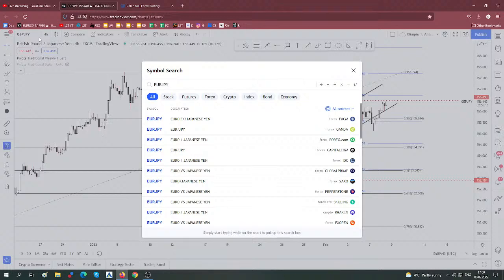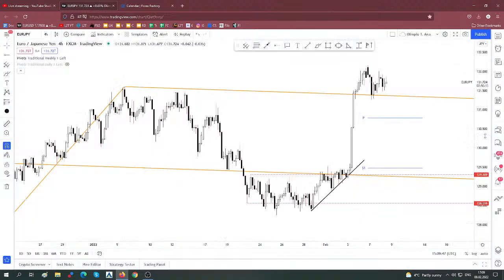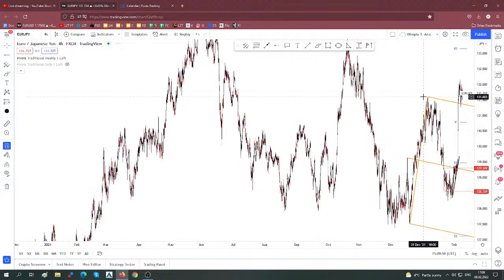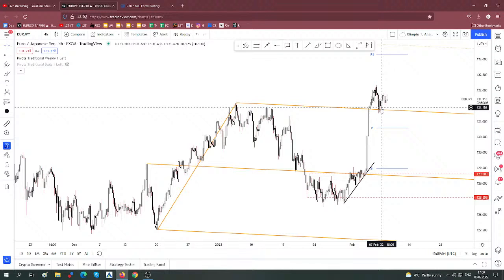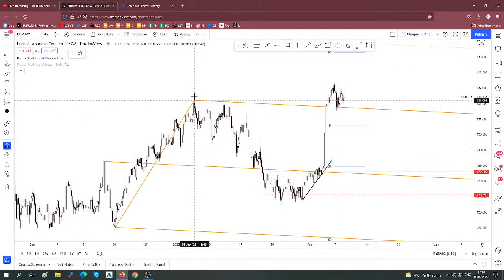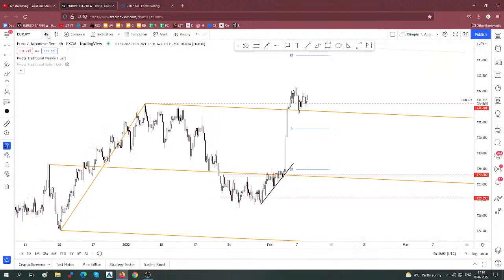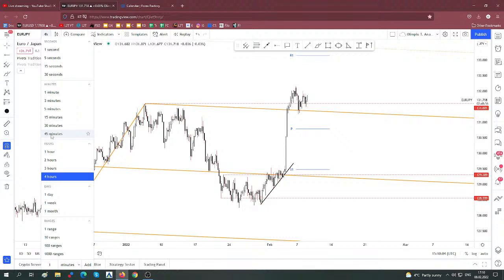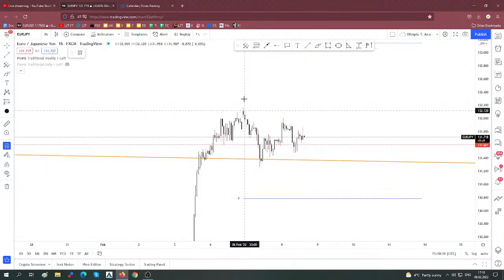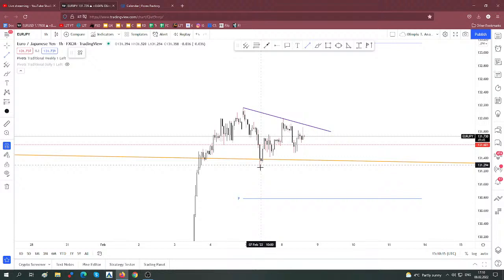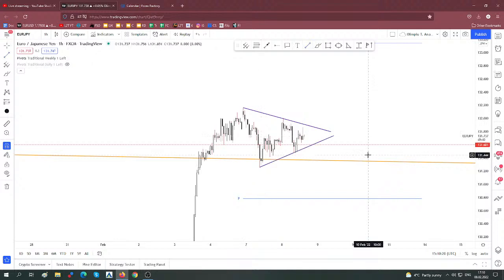Euro, Japanese yen. Let's take a look. Strong rally, natural retreat, retest of the upper medium line here, and 131.60 at support. Maybe on the lower time frames, guys, we have something like a continuation pattern on Euro, Japanese yen, something like a symmetrical triangle.